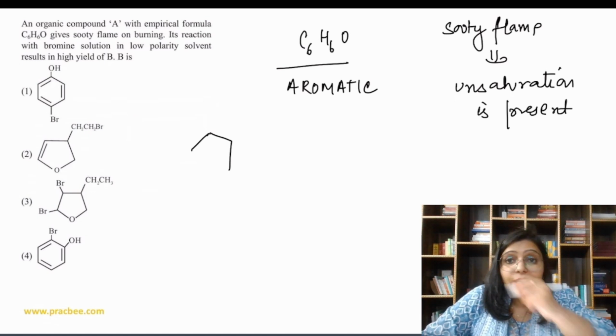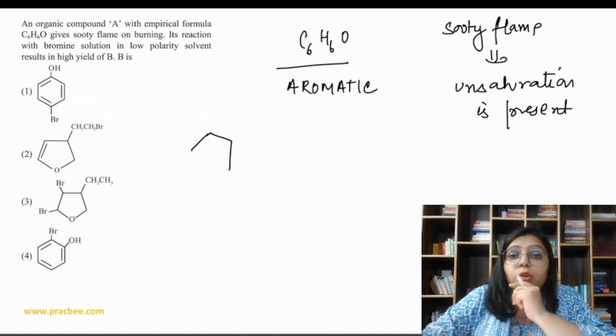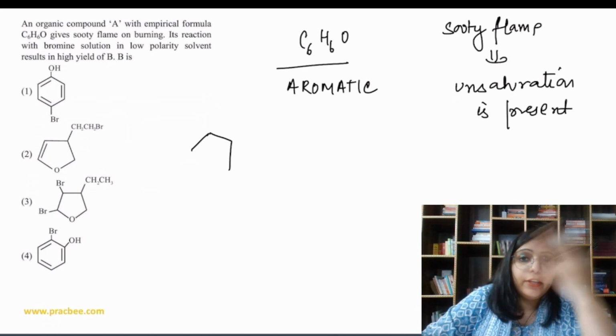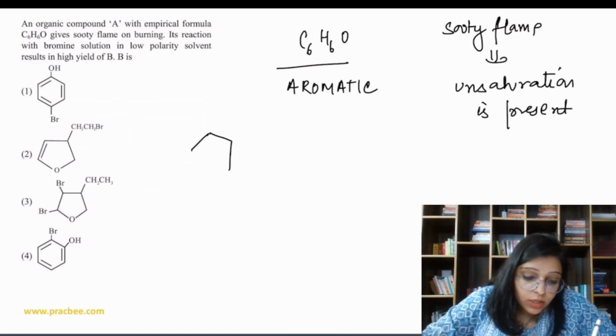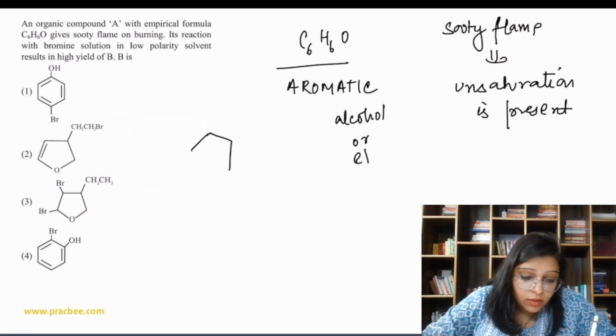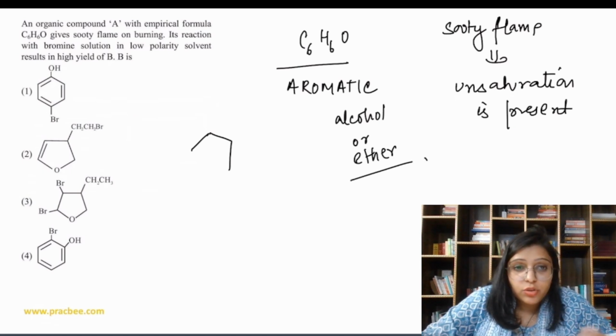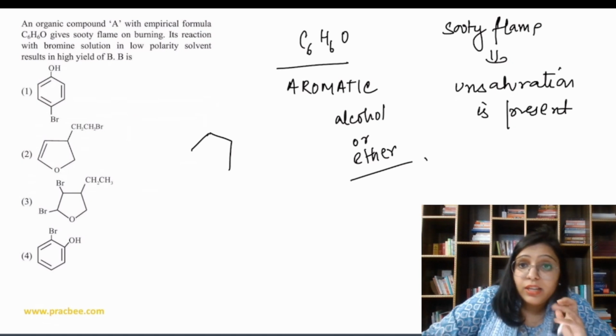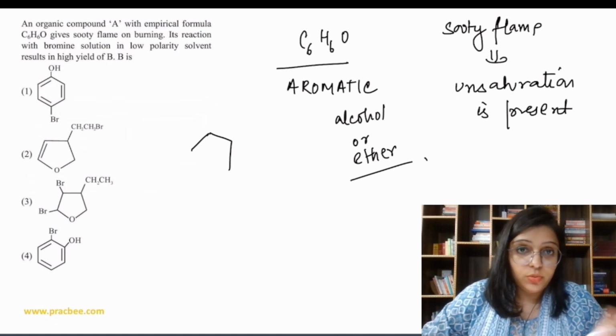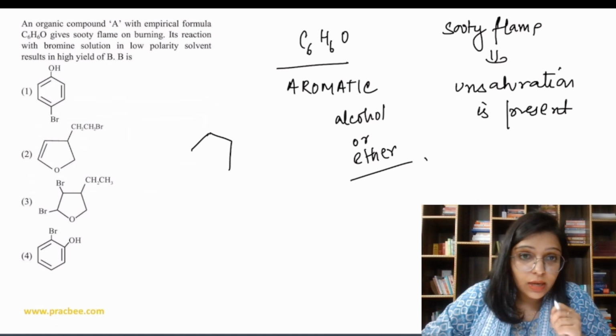Now the question is, its reaction with bromine solution in low polarity solvent results in high yield of B, and B includes 6 carbon. We have one oxygen, so we can have alcohol or ether. But we do not have any reaction of ether in the presence of bromine and CS2.